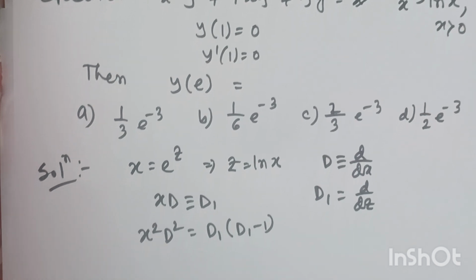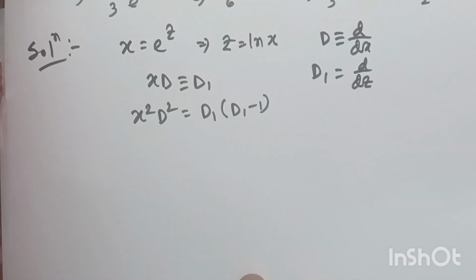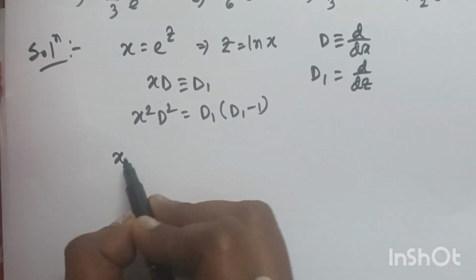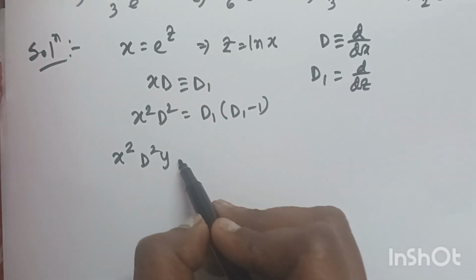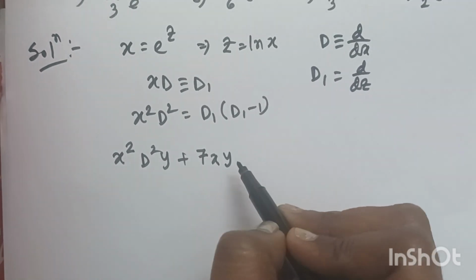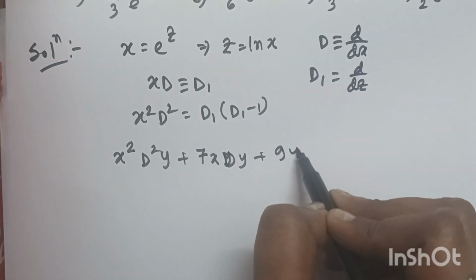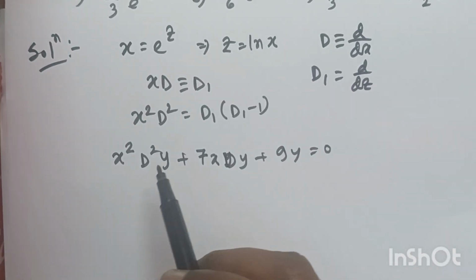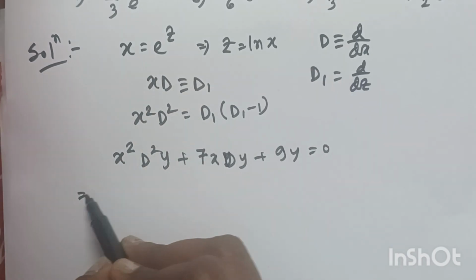Now first we will find the CF and then we will find the PI. So for CF, from the question we take the homogeneous part, that is x square d2y plus 7x dy plus 9y equal to 0. We have taken the RHS equal to 0 because we will find the CF.